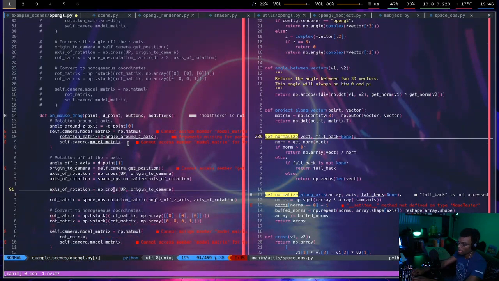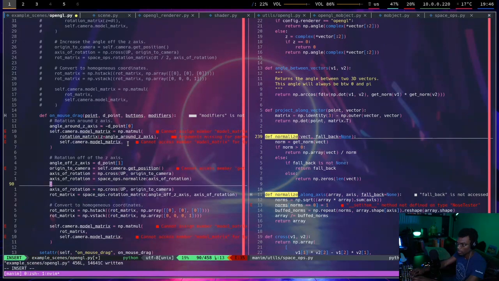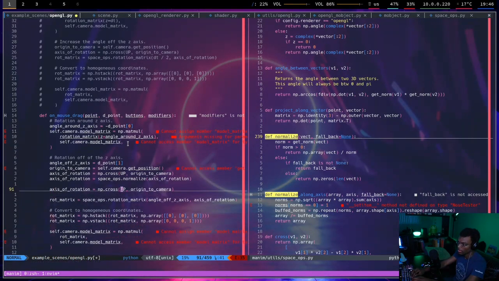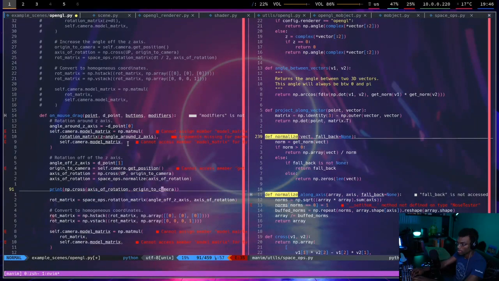If I dot the axis of rotation with the origin to camera vector, this should be 0.